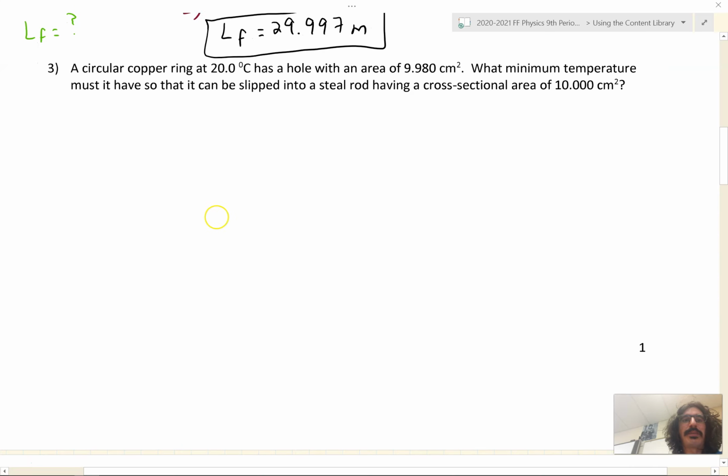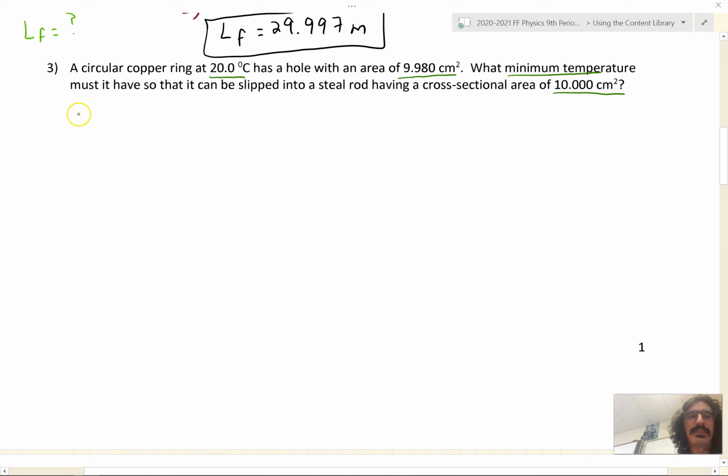All right, number 3. A circular copper ring at 20 degrees Celsius has a hole with an area of 9.980 centimeters squared. What minimum temperature must it have so that it can be slipped into a steel rod having a cross-sectional area of 10.00 centimeters cubed?